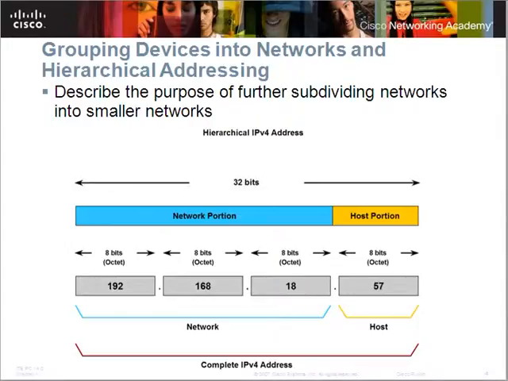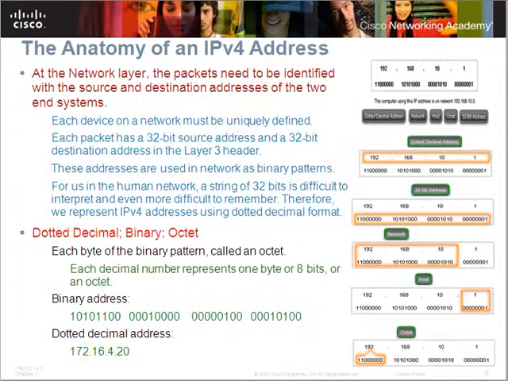The anatomy of an IP address starts with the concept of a 32-bit address, which has 4 octets, and we need to understand the binary equivalent of each and every dotted decimal address. In the network layer, each and every host is identified by a 32-bit address.